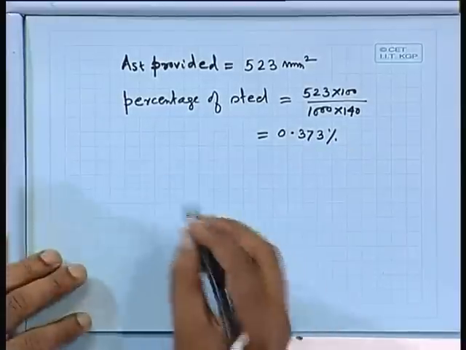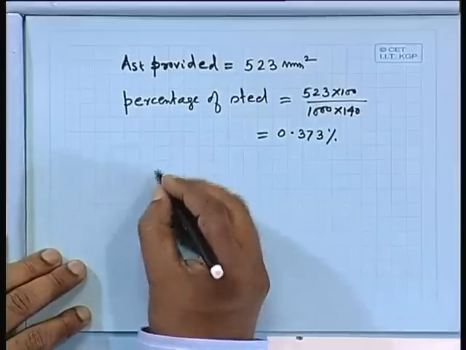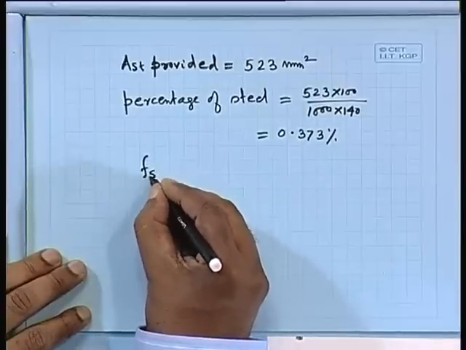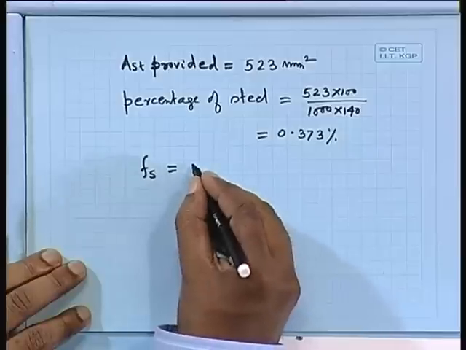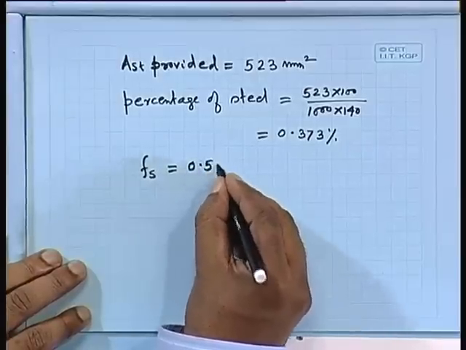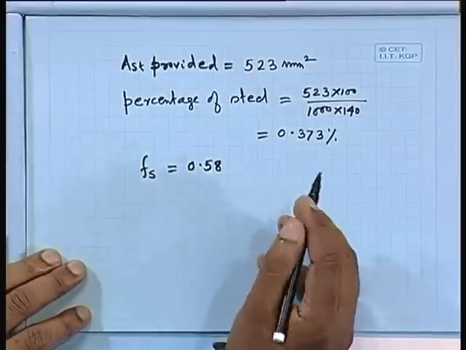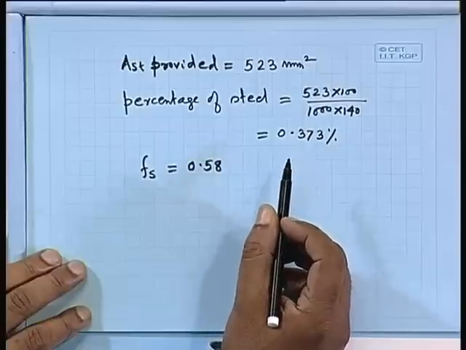There is one factor called Fs, because we would like to modify. We have assumed L by D as 25. Now, we would like to check whether that is sufficient or not, because we have to control the deflection also.